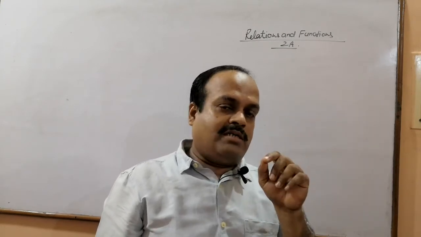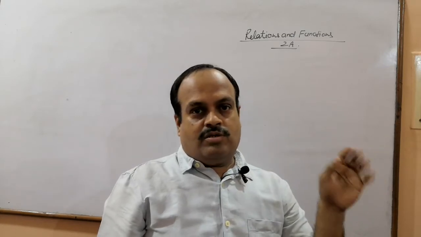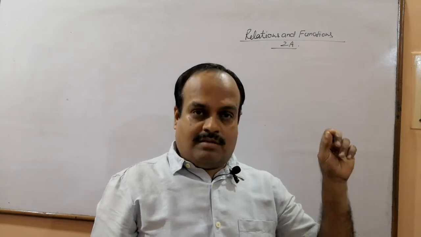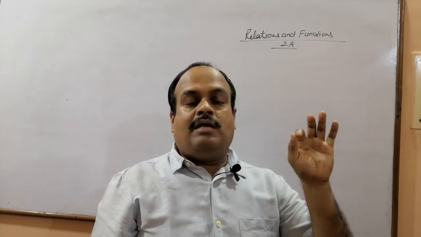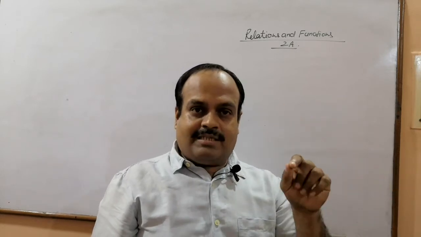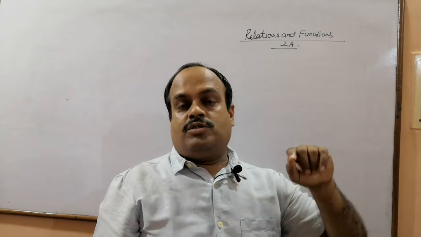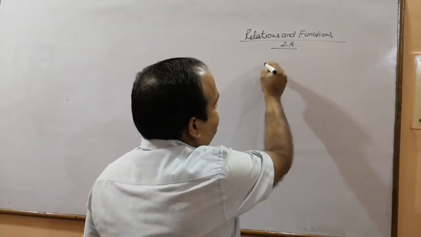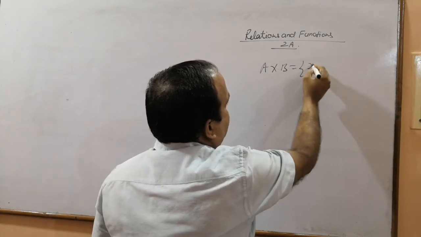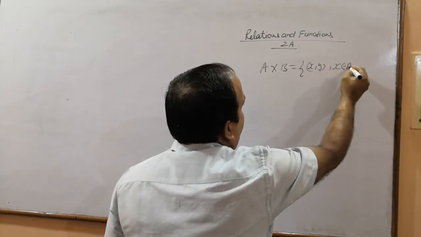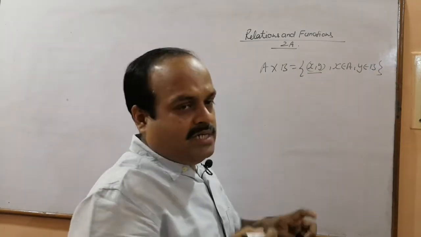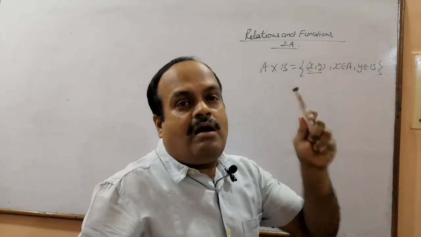If you want to get the Cartesian product of set A and set B, you will write this as A cross B, and A cross B will have elements like (x, y), where x, which is called the first entry, belongs to set A, and the second entry y belongs to set B. I mean, A cross B is defined as (x, y), where x belongs to A and y belongs to B, and this is an element of A cross B, which has a special name, ordered pair.